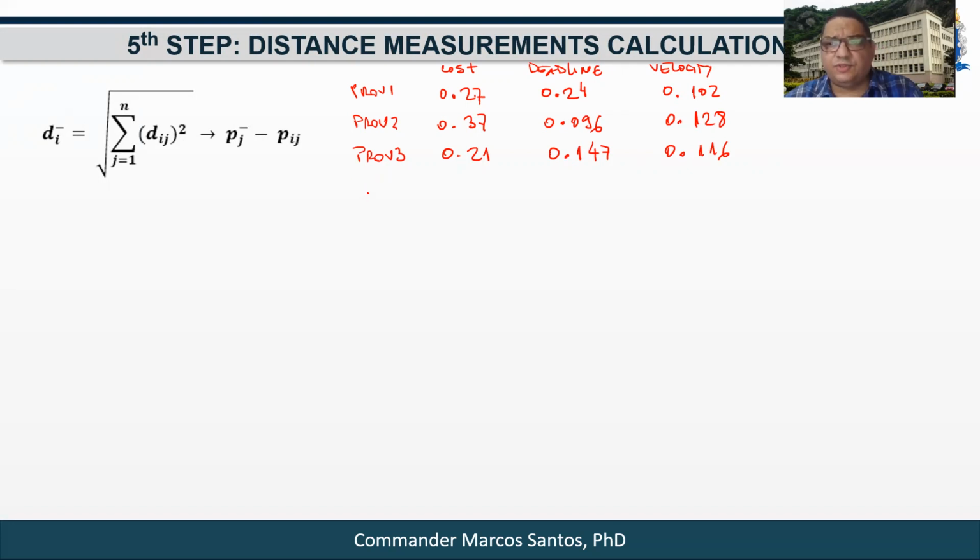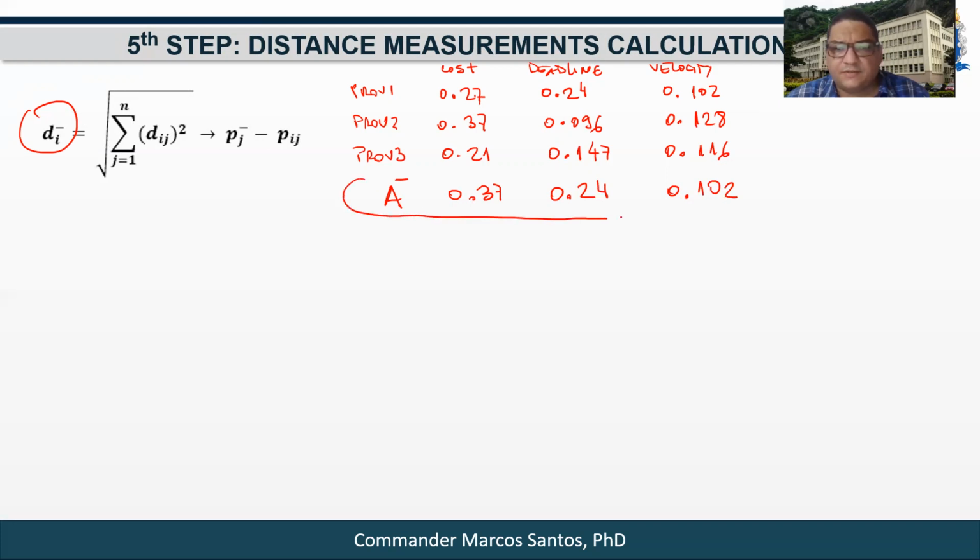But now I need only the negative ideal solution. I don't need the positive ideal solution because I'm going to calculate the negative d. So I need the negative ideal solution: 0.37, 0.24, and 0.102.